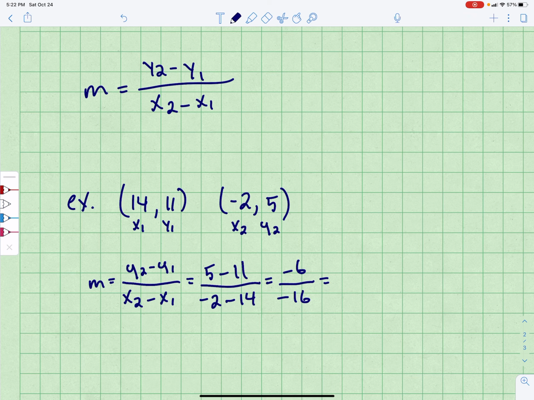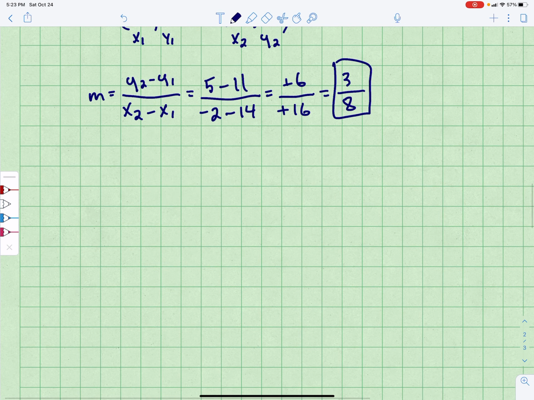Once I reduce this fraction, we know a negative divided by a negative equals positive. And when I reduce 6 over 16, I get 3 over 8. So that would be my slope between those 2 points.